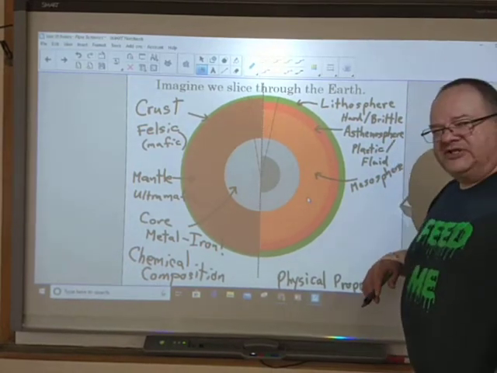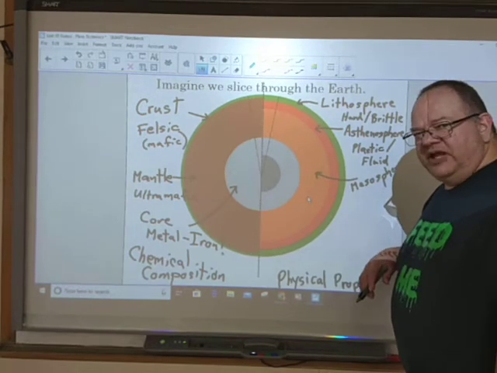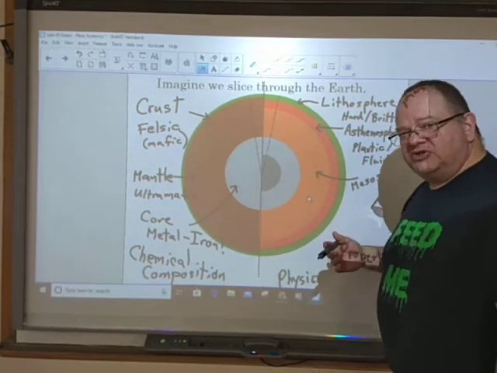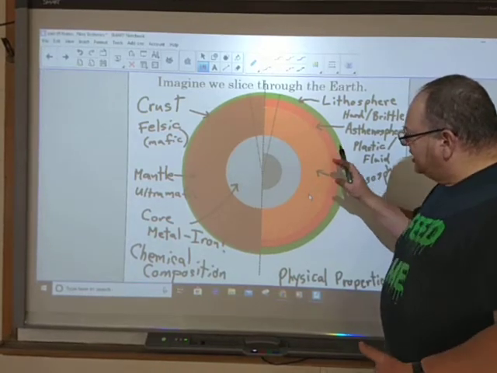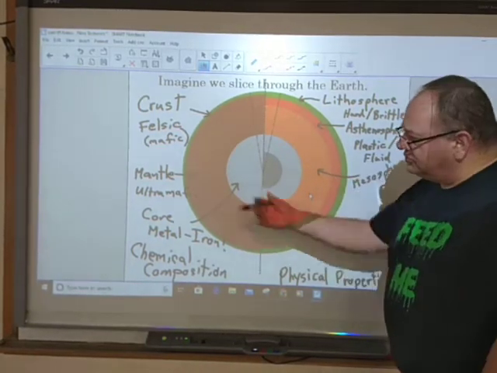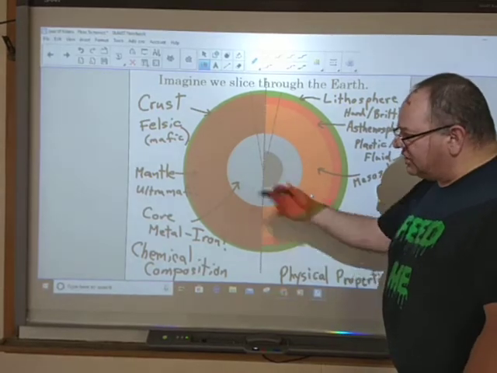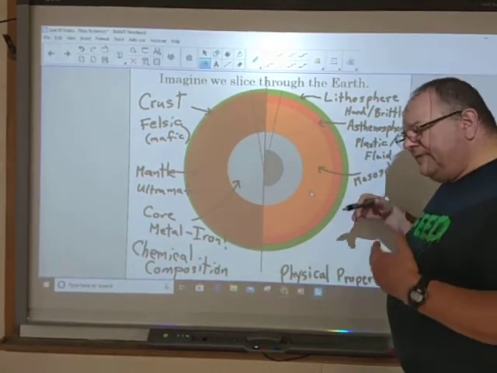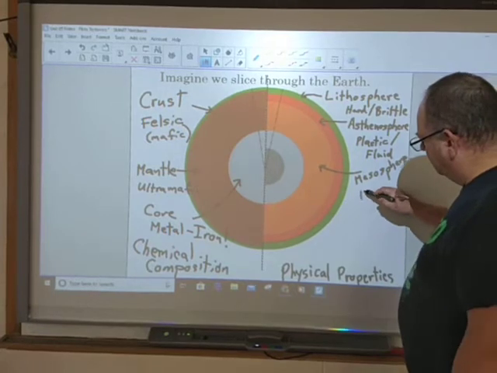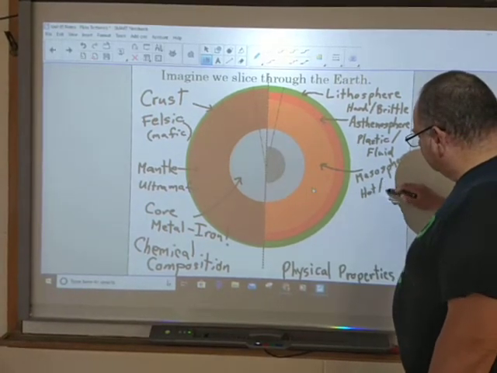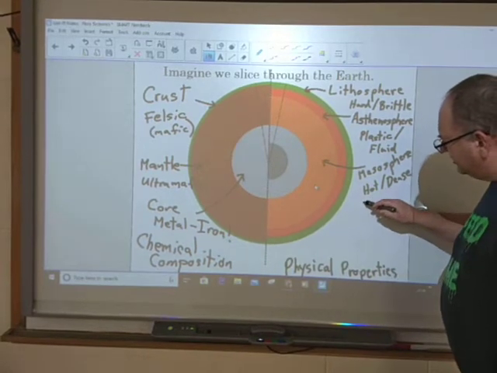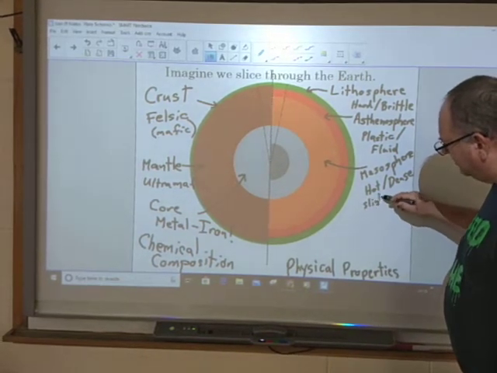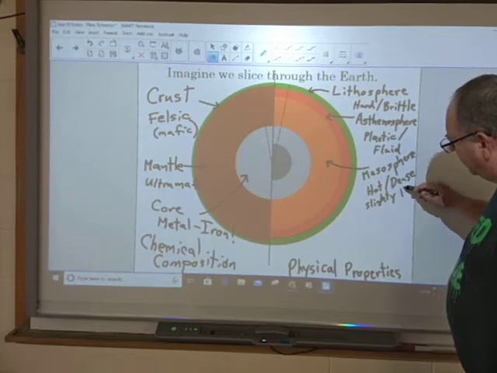As far as properties, this is the one that I find the least information written about in the videos and things that I've read. So it's basically rock, so that's getting back to composition. It's ultramafic rock. It's hot, dense, and slightly fluid.